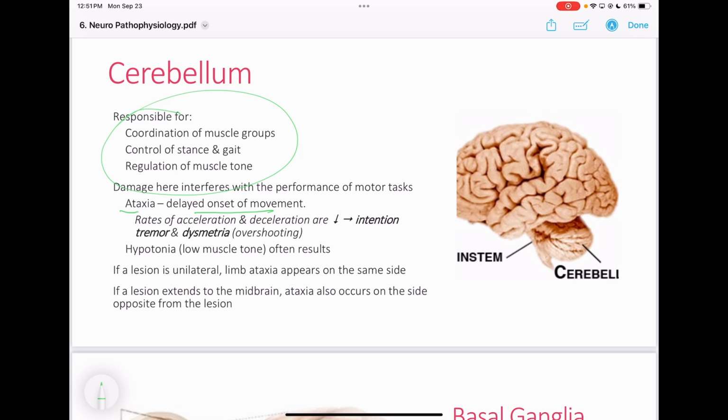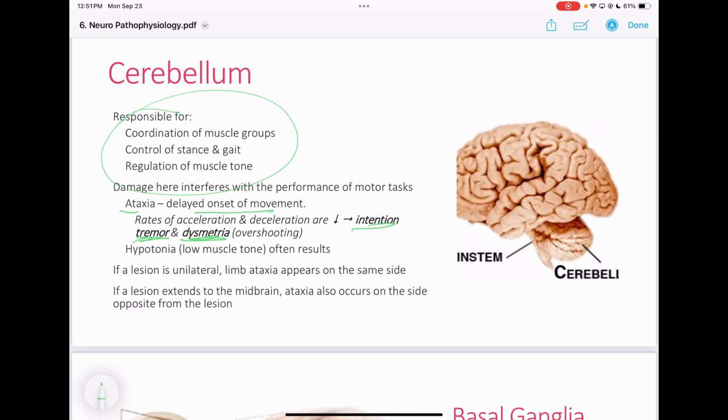That's what happens with Parkinson's. Their fine-tune control of their movements is lost, and they can't coordinate themselves. So they have what's called an intention tremor, and they have dysmetria, overshooting.